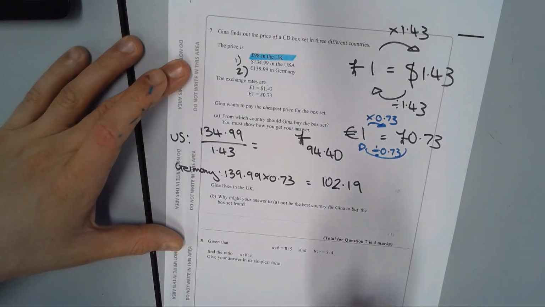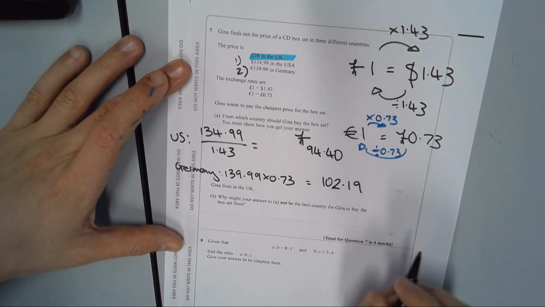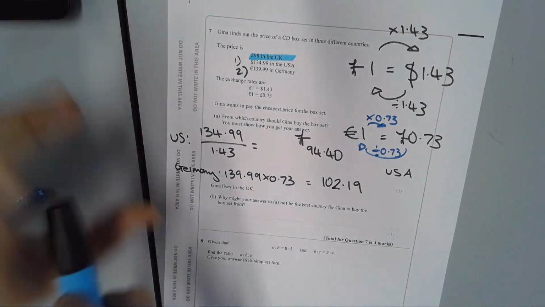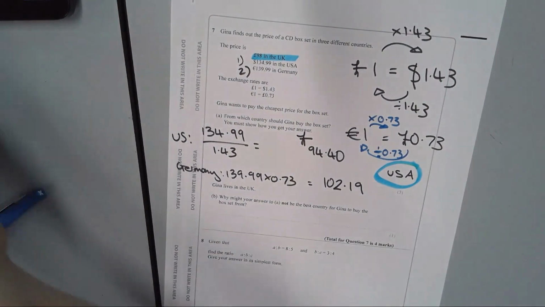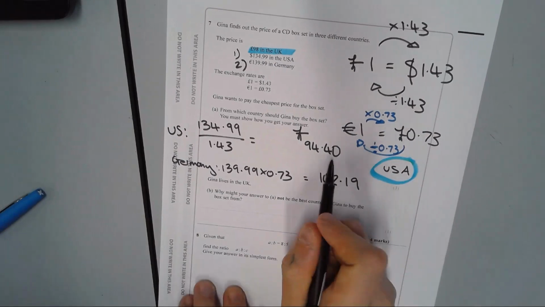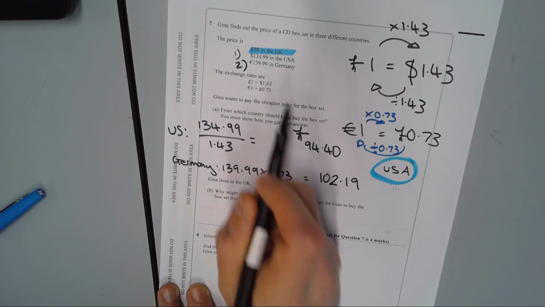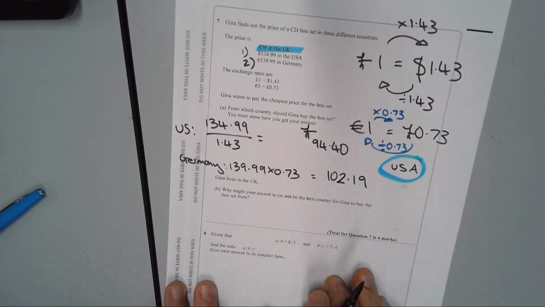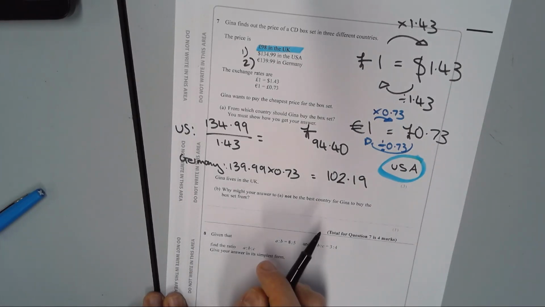So from which country should she buy them? It's going to be USA. And that's because £94.40 is less than £98, which is less than £102.19. Okay, so USA. Next up, why might your answer not be the best country for Gina to buy the box set from?